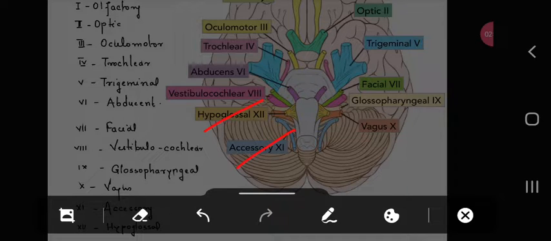The hypoglossal comes between the pyramid and olive of the medulla.